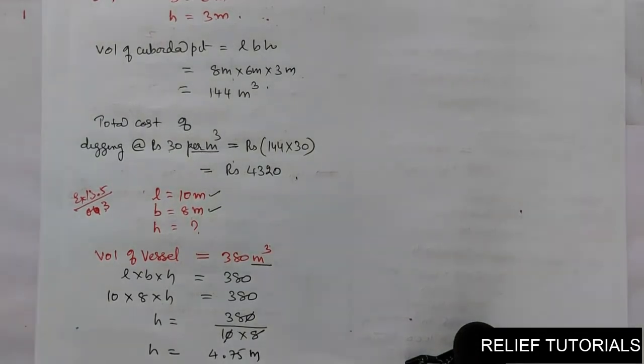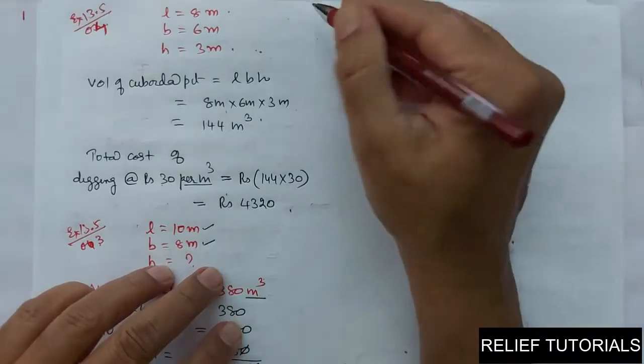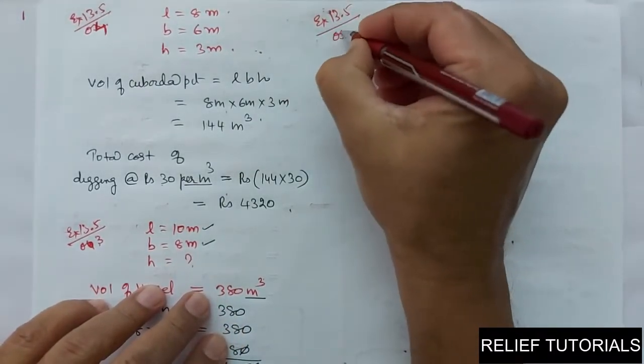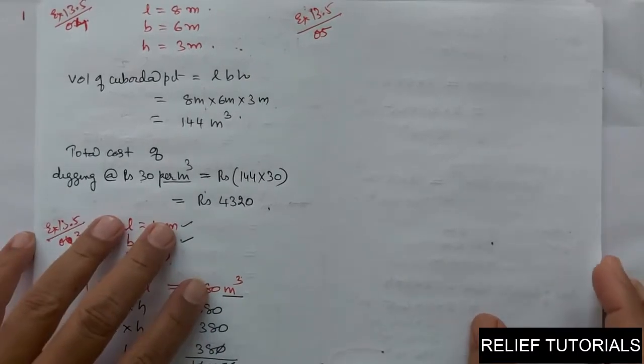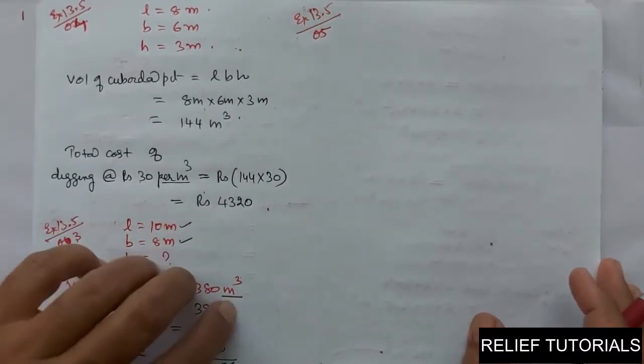Now we will discuss question number 5, exercise 13.5, question number 5. Read the question. The capacity of a cuboidal tank is 50,000 liter.